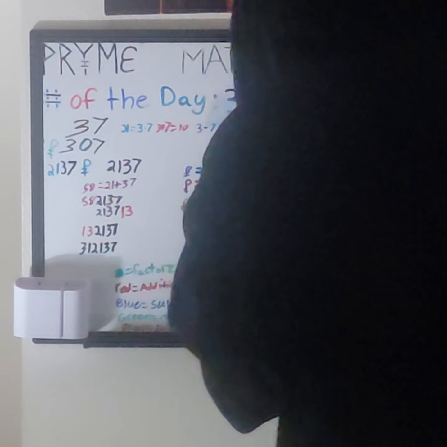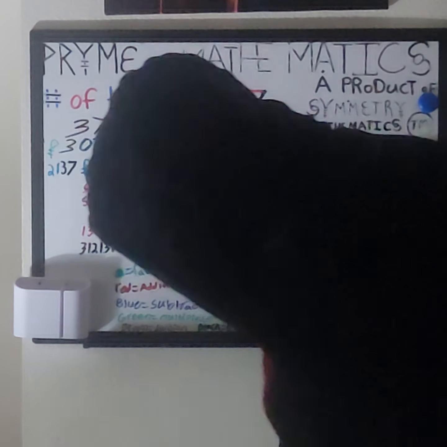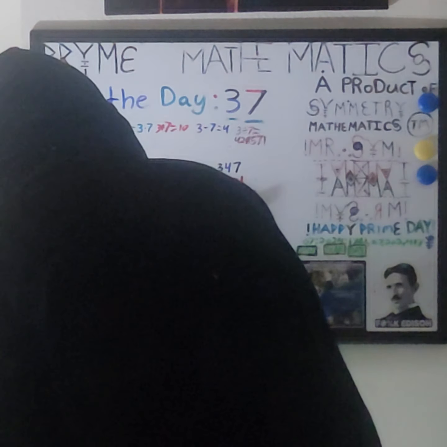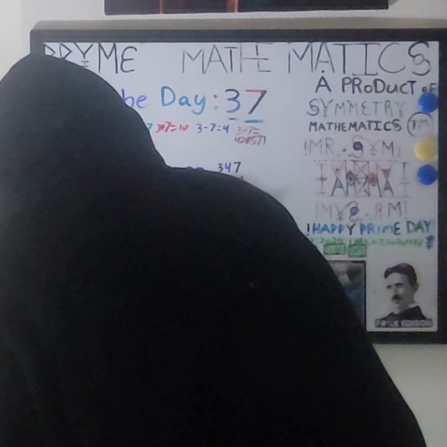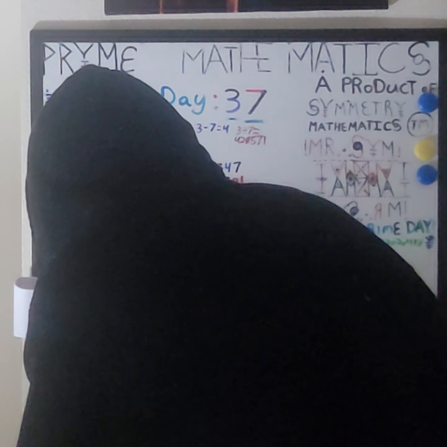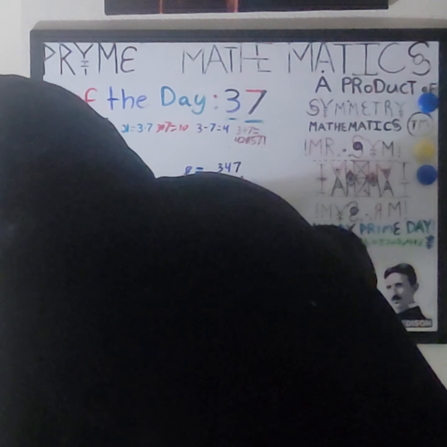Subtraction, we could do 7 minus 3 is 4, minus 1 is 3, minus 2 is 1. So 1,121,000. 1,312,000.